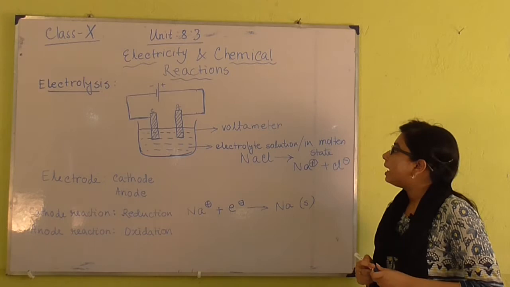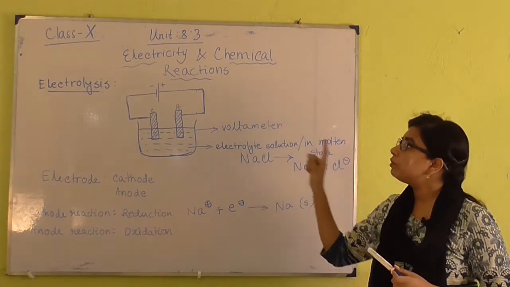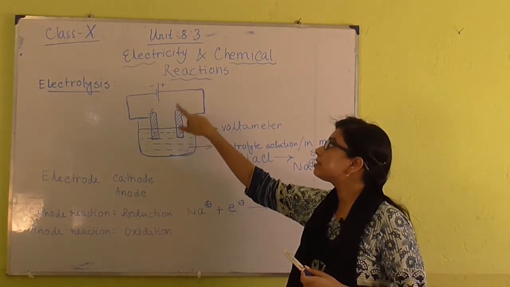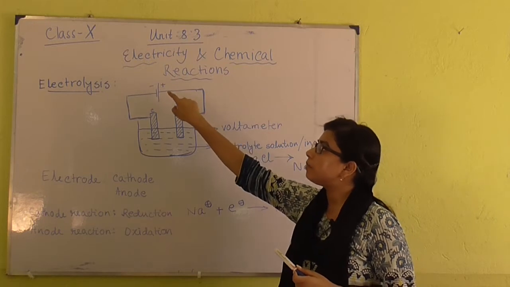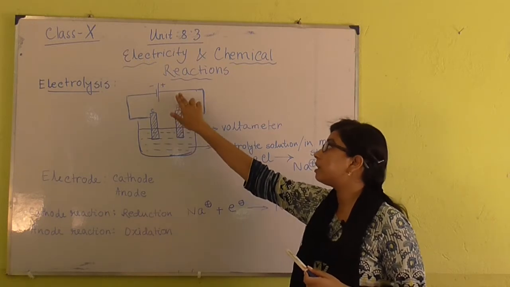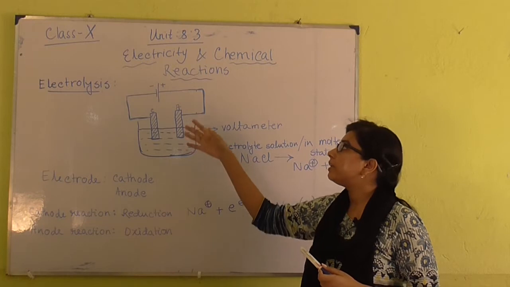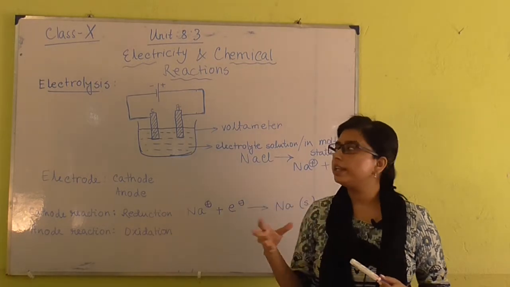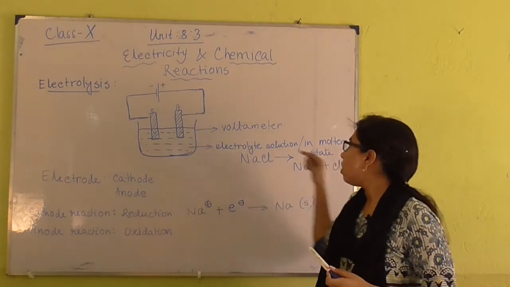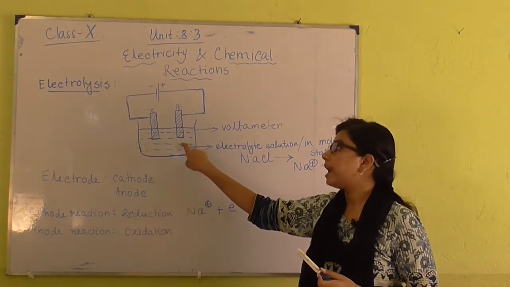that is, in normal solid metallic state. Okay, and all the anions will move towards the anode, because this strip is connected to the positive terminal of the battery. That is why we can consider it as the positively charged pillar. So all the anions will move towards the anode.